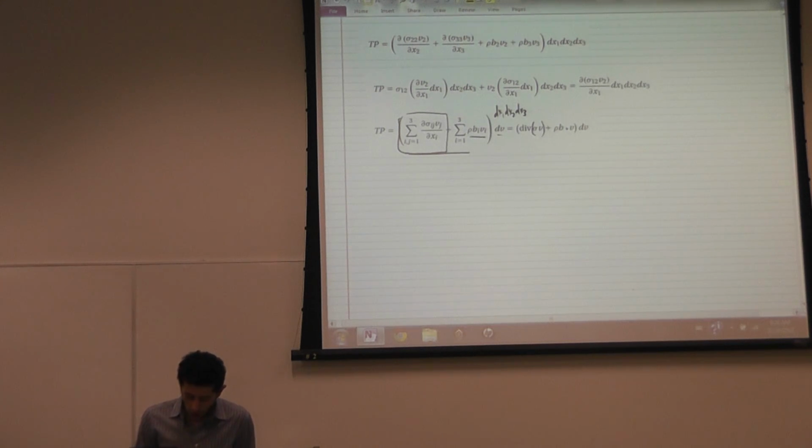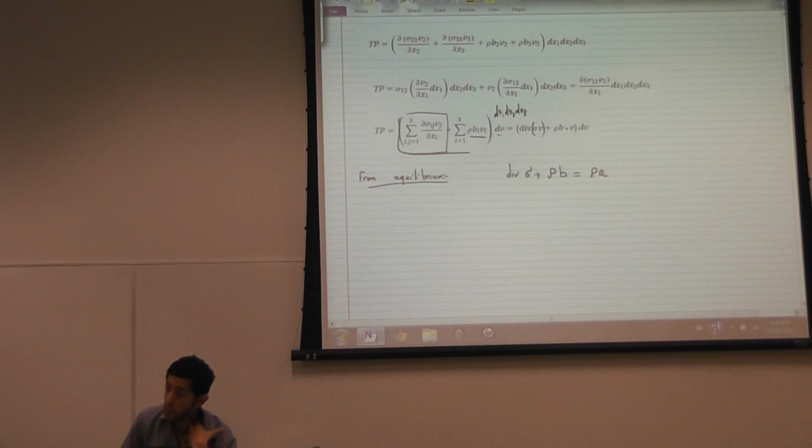Now, we already know the following. We know that the divergence of sigma plus rho b is equal to rho A. From equilibrium, we know that the divergence of sigma plus rho B is equal to rho A. So I'm going to utilize this here to show the following.